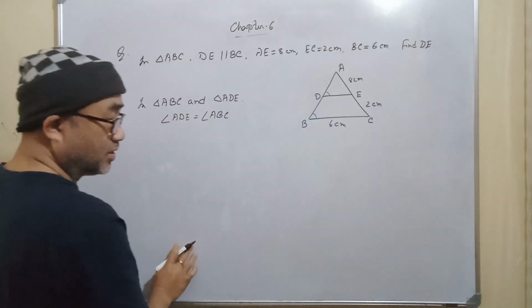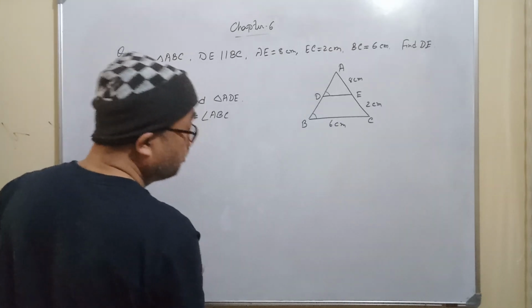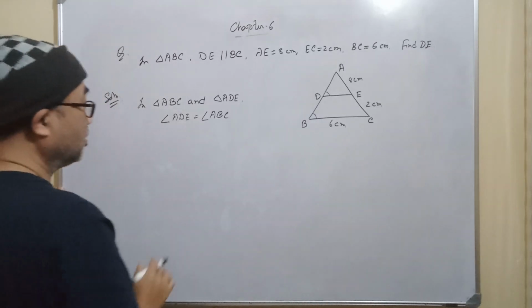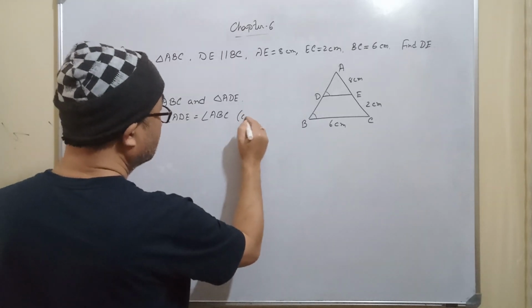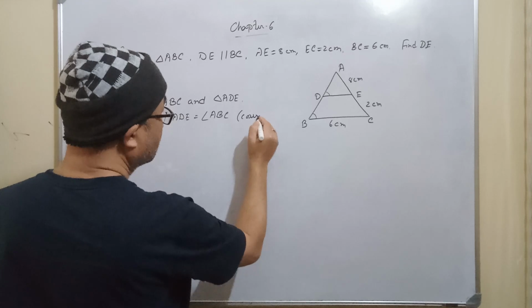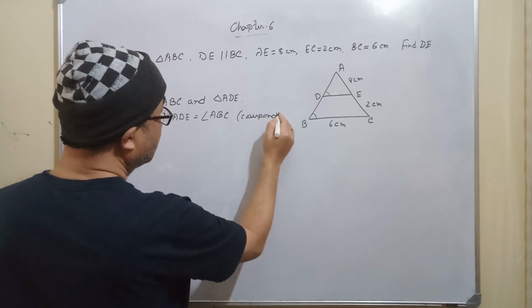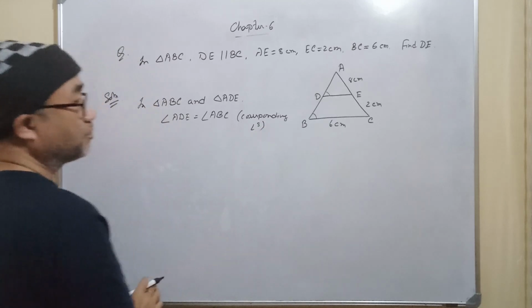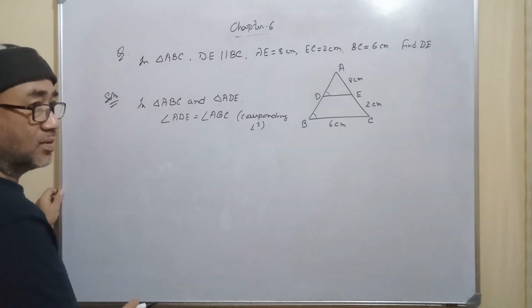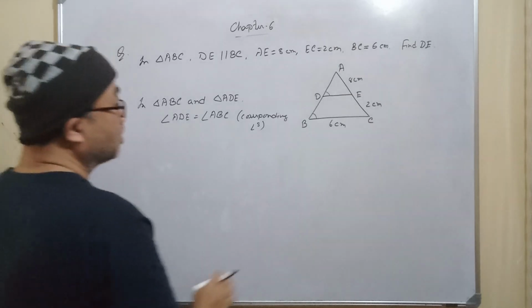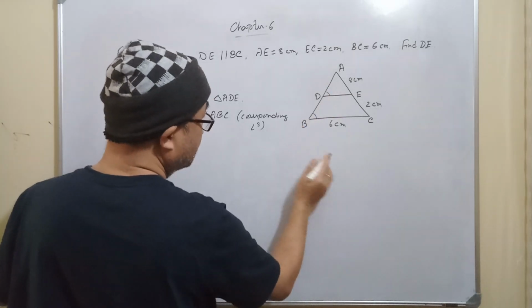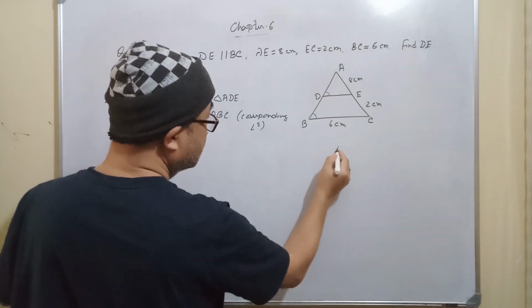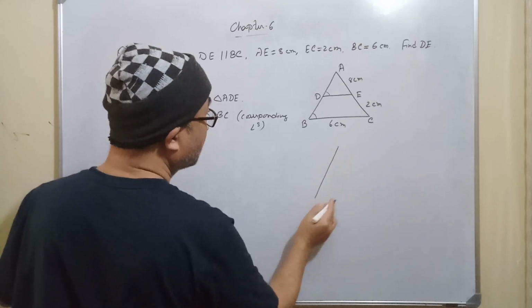Why are these two angles equal? It is because they are corresponding angles. AB is the transversal.